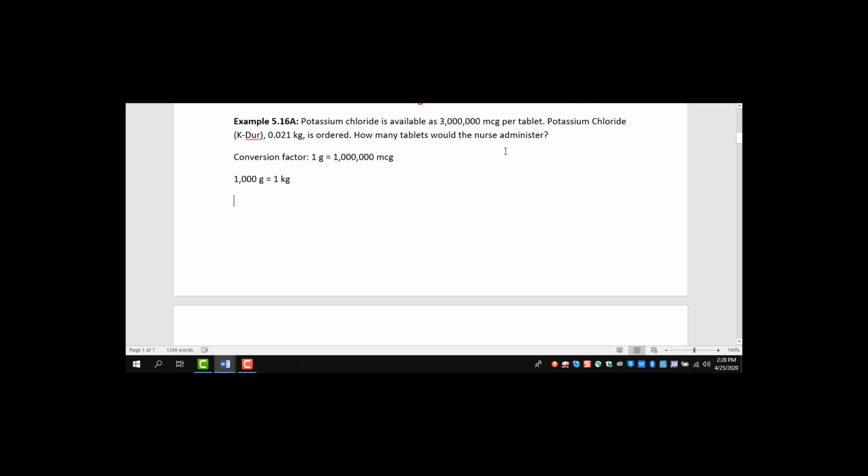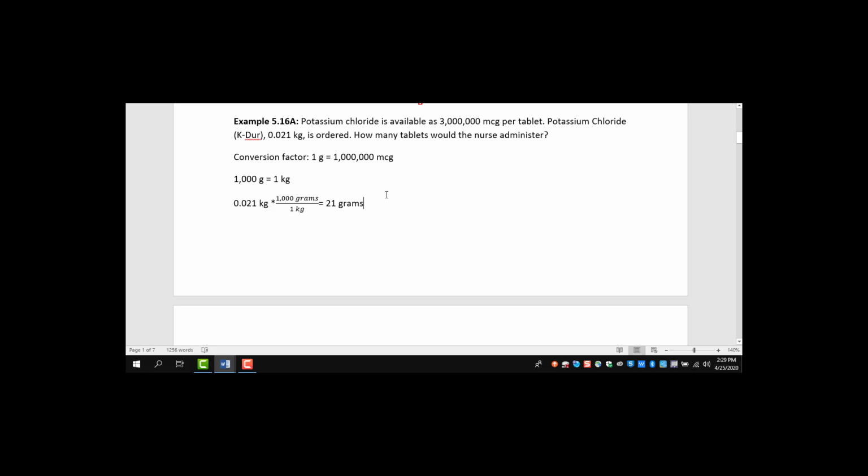I'm going to start with this. What am I going to multiply it by? And if you guess that, you would be correct. In this case, the kilograms cancel. And multiplying this by 1,000, you just move the decimal 3 places, so I'm going to get 21 grams.